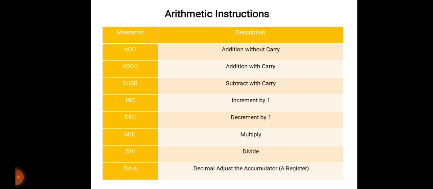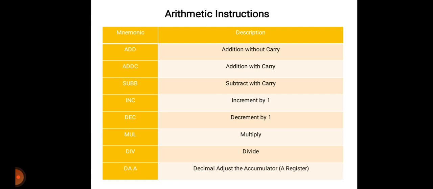Again, there are some mnemonics associated with the arithmetic instructions. These are ADD, ADDC, SUBB, INC, DEC, MUL, DIV, DA A. What is the function of each? ADD means addition without carry.